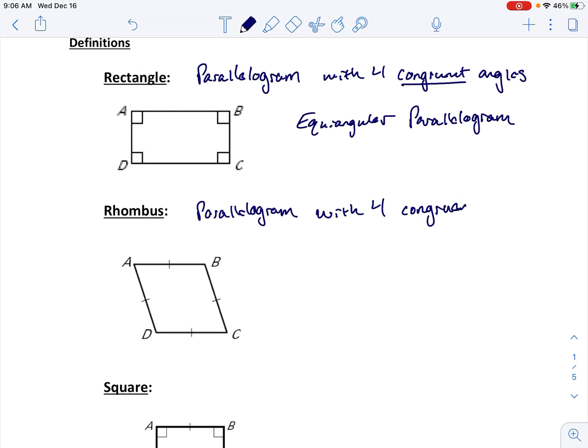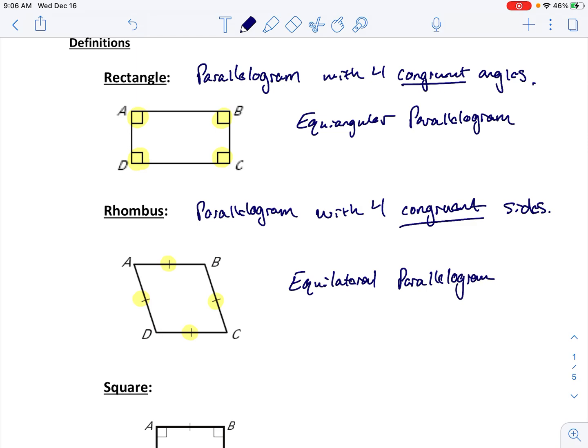Rhombus is a parallelogram with four congruent sides. That is it. So when we look at rectangle, four equal angles. Rhombus, you'll see there's four equal sides, the same number of tick marks on either one. I'm going to highlight those angles too. So this would be called, instead of an equiangular parallelogram, an equilateral parallelogram.